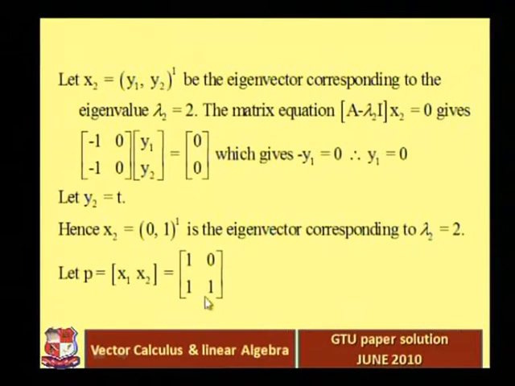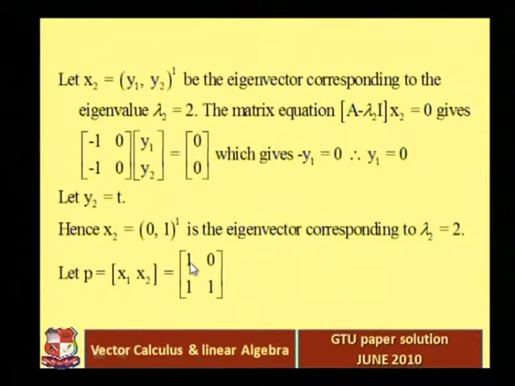So this is the matrix P. The first column, [1 1], is exactly the eigenvector corresponding to lambda equal to 1. And the second column, [0 1], is exactly the eigenvector corresponding to lambda equal to 2.